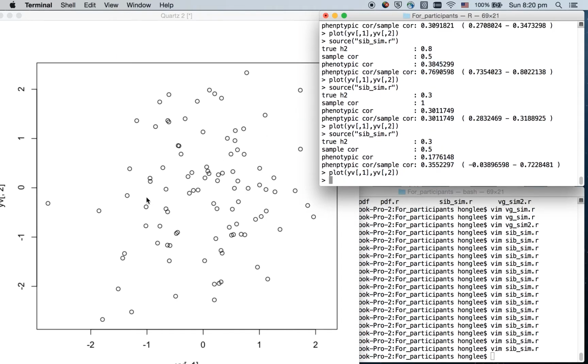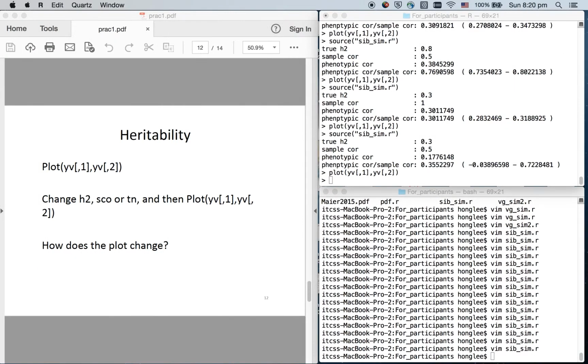So what can you conclude from this exercise? So this correlation is increased when heritability increased or sample correlation is increased, right? But the mean of the correlation is not affected by number of records.